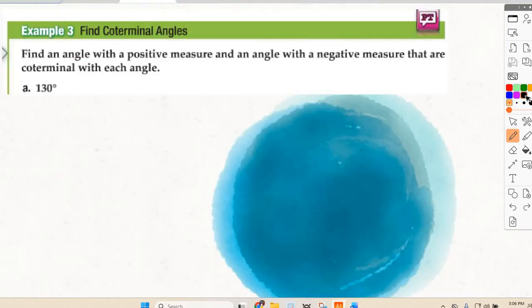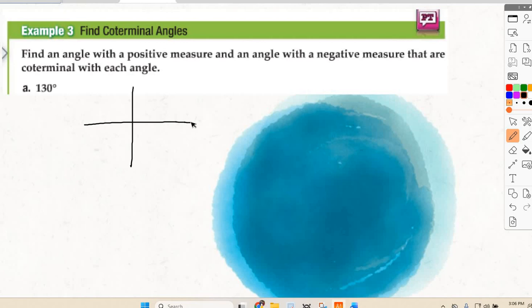I have 130 degrees. So let's first figure out where 130 degrees is.